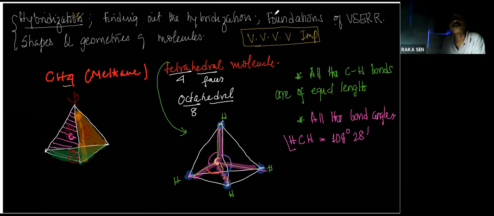Now, whenever we talk about a covalent bond, it naturally means that you have 1 electron from carbon, 1 electron from hydrogen, and they are sharing. Right? So each bond has 2 electrons, and one of the electrons belongs to hydrogen, the other belongs to carbon. Similar story out here. You have 2 electrons, 1 for carbon and 1 for hydrogen. Similar is the story for this, 1 for carbon and 1 from hydrogen.